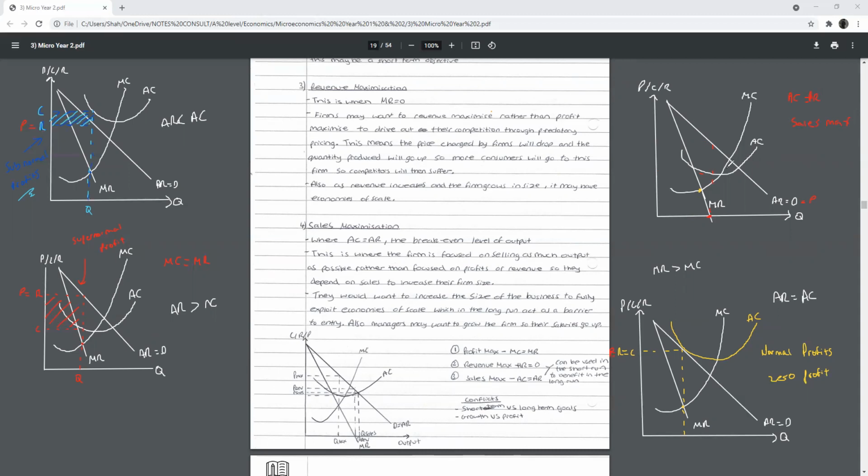Then where does AC equal AR here? At this point here, right? This is where they're crossing each other, they're not tangent. So at this point I'm producing here, and that makes sense because I'm sales maximizing. I'm producing as many quantity of goods as possible, more than the profit maximizing, more than the revenue maximizing amount.